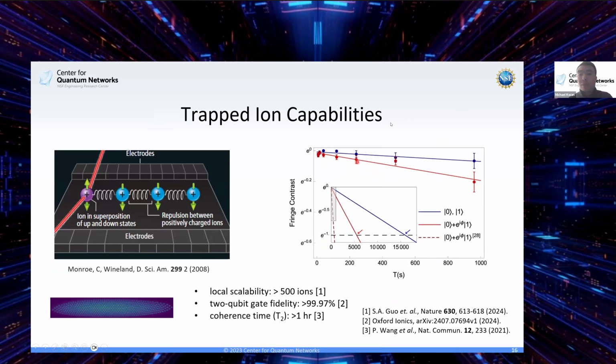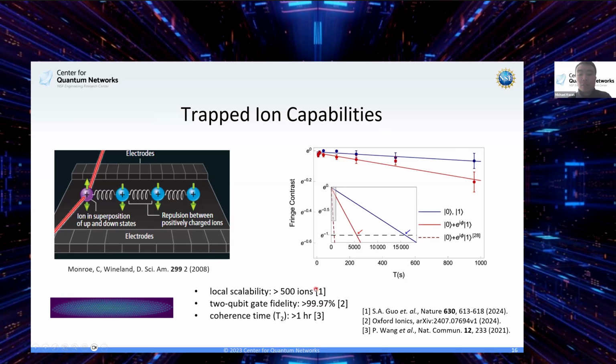So what are trapped ions capable of? First, gates are performed using the collective vibrational modes. So the ions must be cooled to a few phonons, meaning minimal vibrational level, to perform high fidelity gates. Trapped ions have some of the highest single and 2 qubit gate fidelities, with the 2 qubit gate exceeding 99.97%.